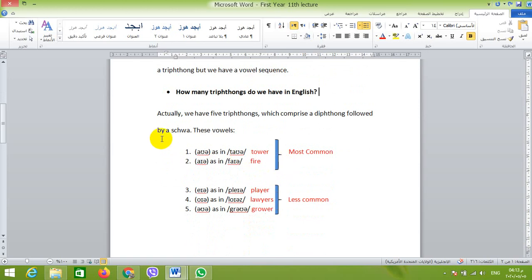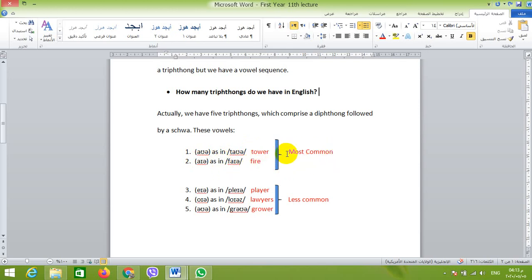So what are the diphthongs involved in triphthongs? Not all of them can be found. So we have ow, and with the glide to the schwa it becomes awa, and we have I, and the glide to the schwa will make it aya. So awa as in tower, this is the word tower, and aya as in fire, this is the word fire.